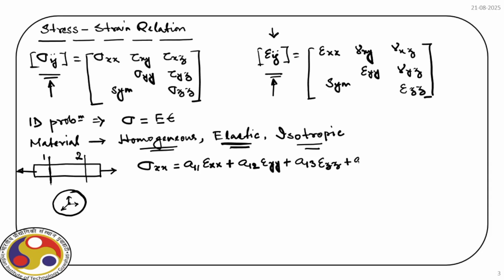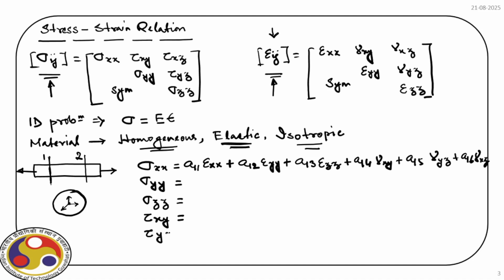Then we have fourth component gamma xy plus fifth constant gamma yz plus the last one gamma xz. Similarly, we can also write down the expression for all 6 stress components, right? Now, if we do that, and if you look at this expression, you can identify how many proportionality constants are there.